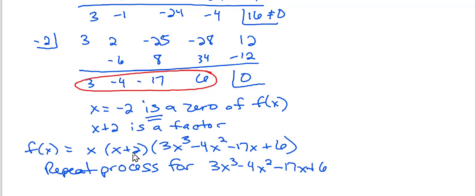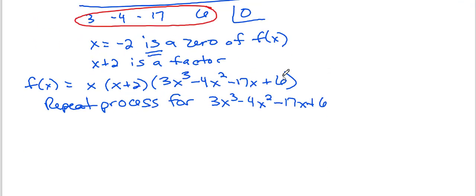But if it did work before, it could work again because it has a higher multiplicity. Okay, so we might need to try negative 2 again. I think I'm going to do that just so that we can try it out and see what happens. But let's do our possible rational zeros again.